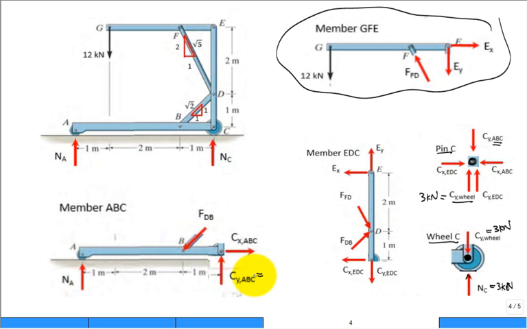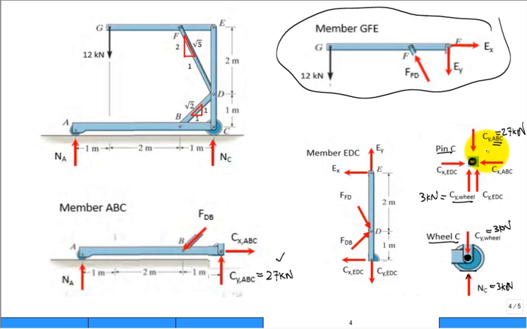What was CY ABC? It was 27 kilonewtons, wasn't it? So this was 27 kilonewtons downward on the pin. Because if the pin is pushing up on the member ABC, then member ABC is pushing down on the pin with the same magnitude, 27 kilonewton.